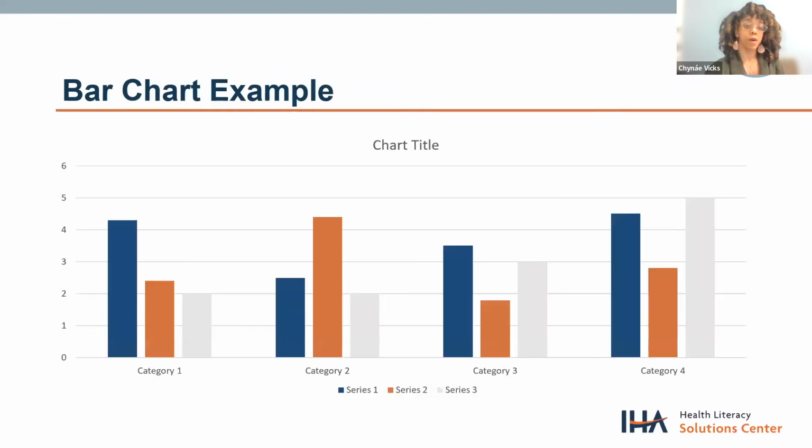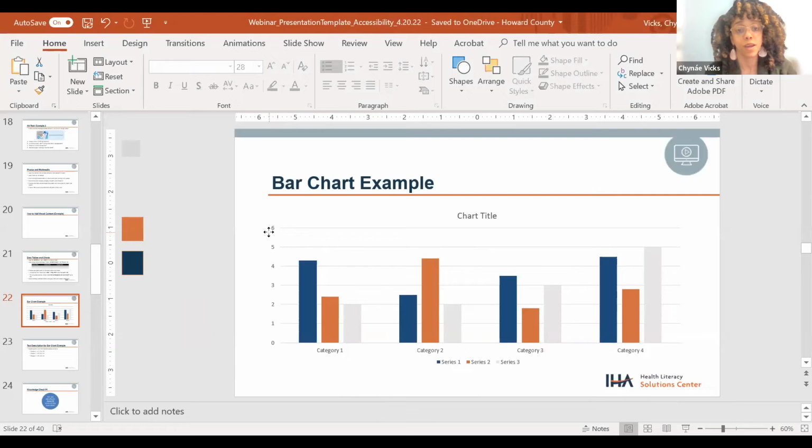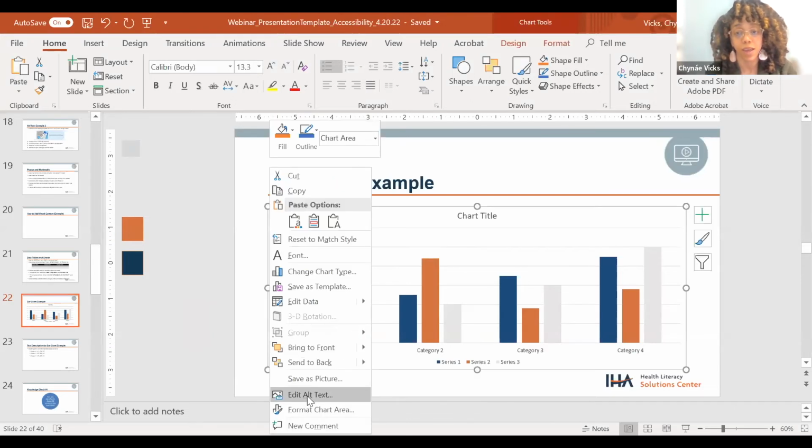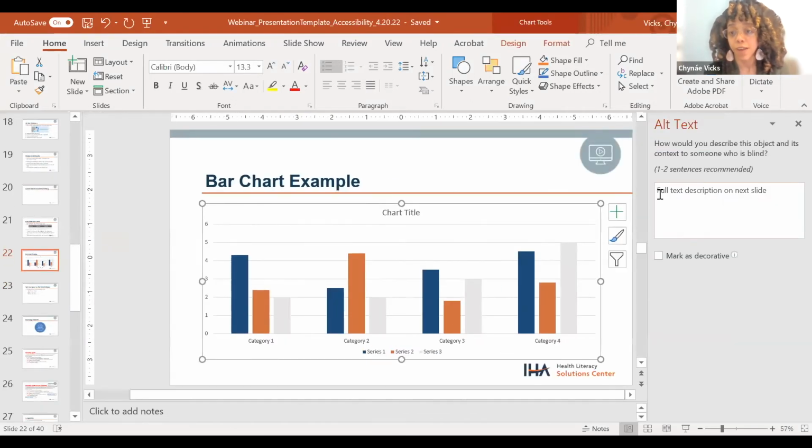The only thing about when we use bar charts, it is really hard to explain what a bar chart is trying to say in just 140 characters, right? Because we have to use alt text for this too. So when we use a bar chart, we are going to write the words, full text description on next slide. And let me see if my alt text actually has that. Yep, I write the phrase full text description on next slide, okay?